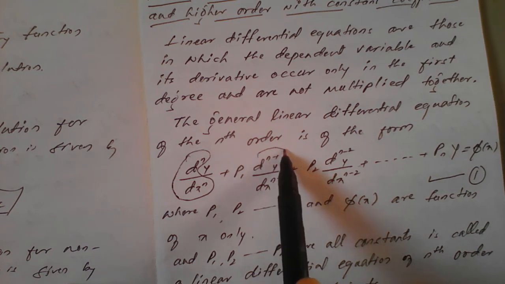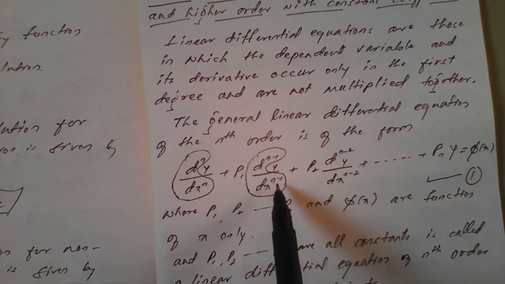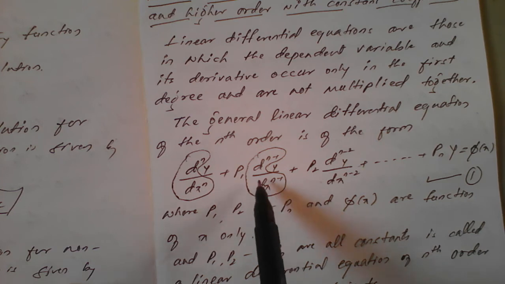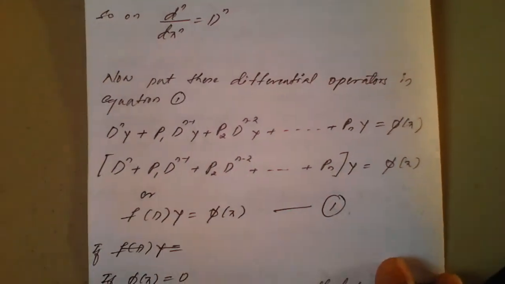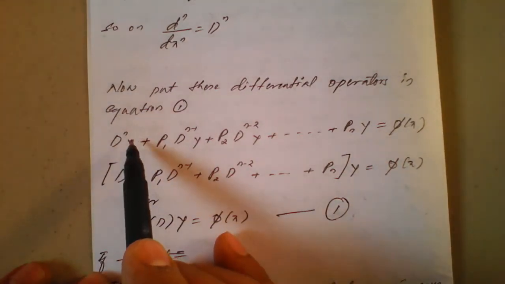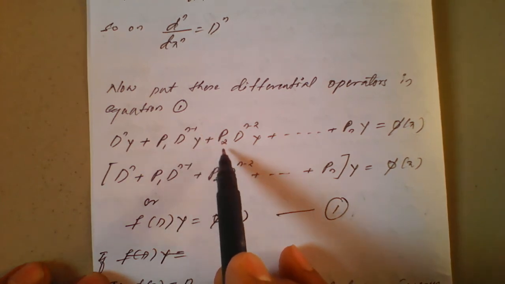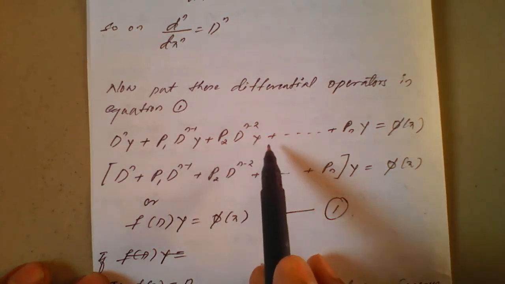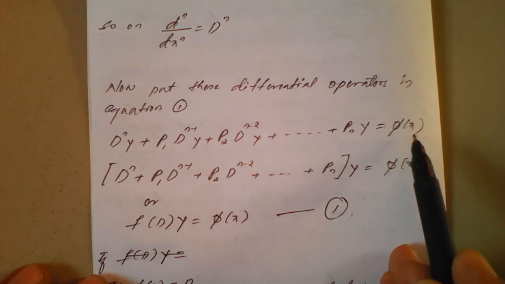Similarly d^(n-1) by dx^(n-1) will be replaced as capital D^(n-1), and similarly for the remaining terms. So we get D^n of y + p1 D^(n-1) of y + p2 D^(n-2) of y + and so on + pn of y = phi of x.